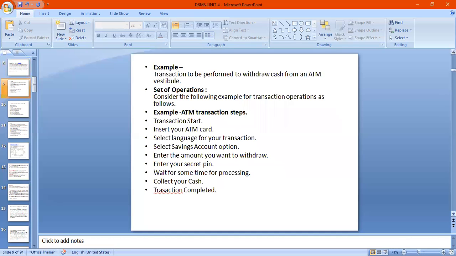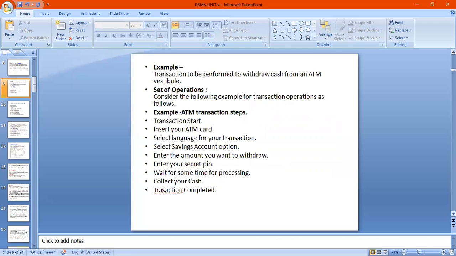The next example is a transaction to be performed to withdraw cash from the ATM. It is a set of operations. Consider the following example of transaction operations. Example, ATM transaction steps. So we are seeing the series of steps the transaction does for the ATM withdrawal of cash.